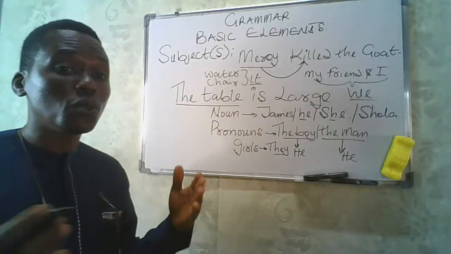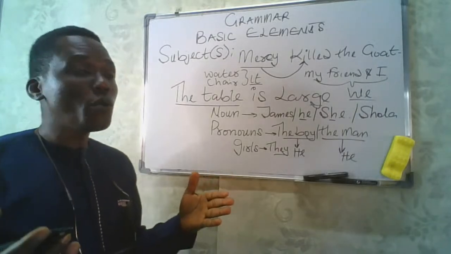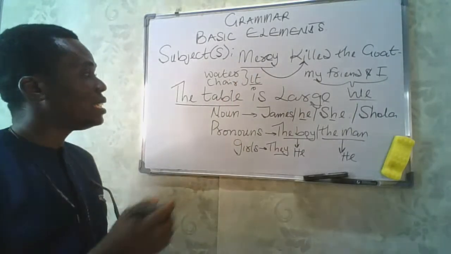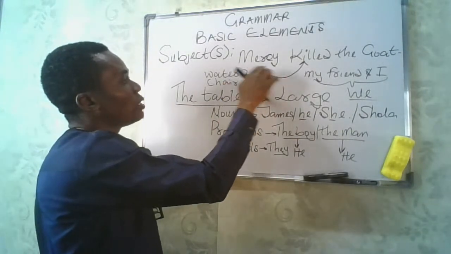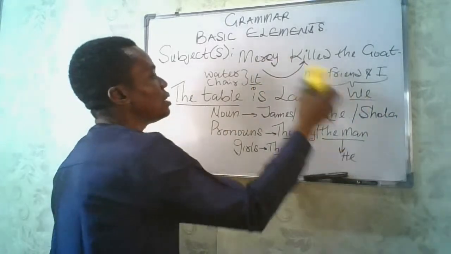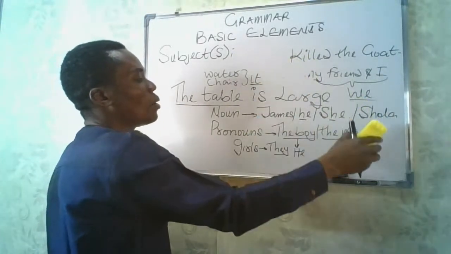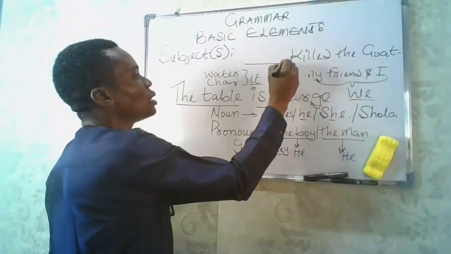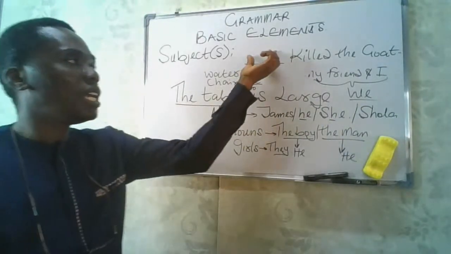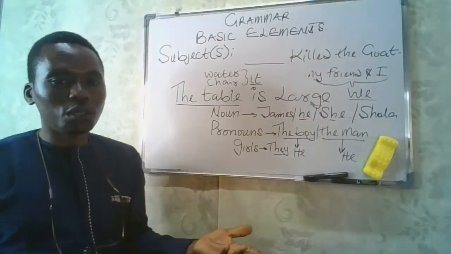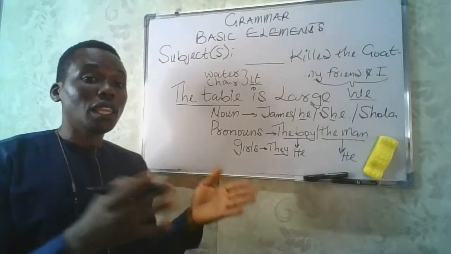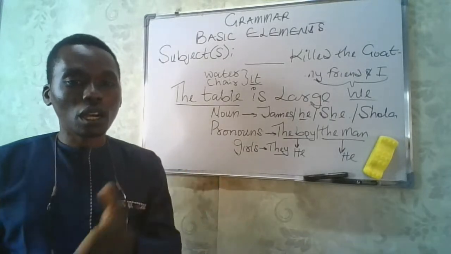And once we are able to know that, whenever we are given any question like this, and take for example, this is missing in this sentence and is a missing gap, we can be able to know that what should be here should be the subject. So it can either be a noun or a pronoun.